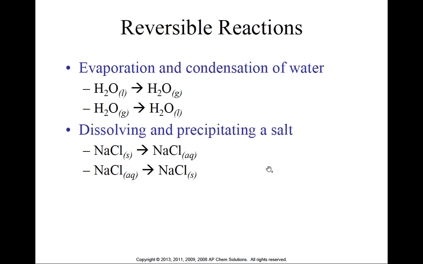So here's a couple examples of reversible processes. Liquid water can turn into gaseous water, and then it can turn back from a gas into liquid. Salt can dissolve, and then if the water evaporates, the salt water solution will turn back into solid salt again. So these are just two examples of processes that are reversible.